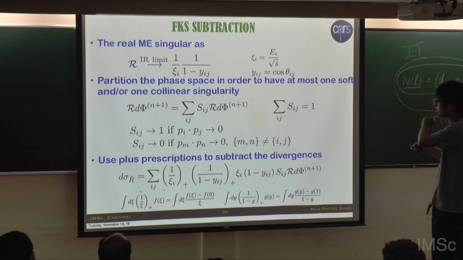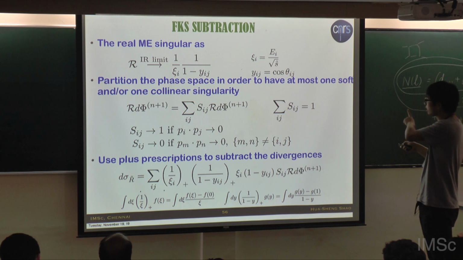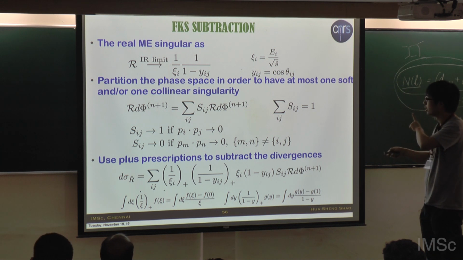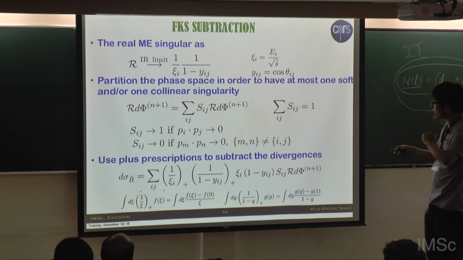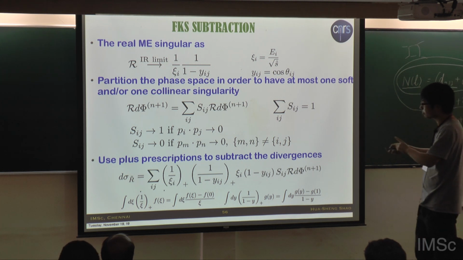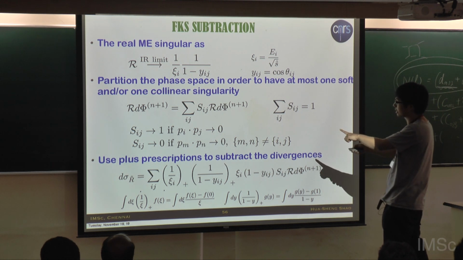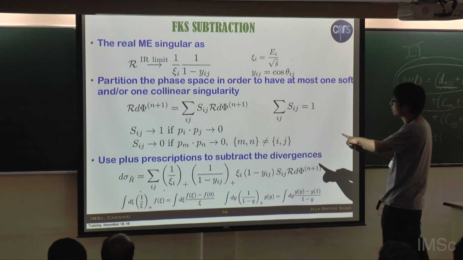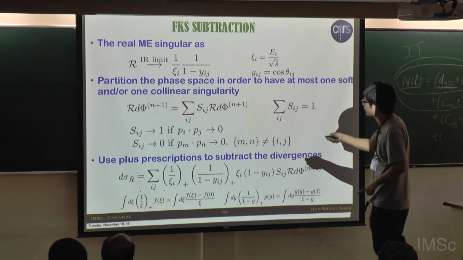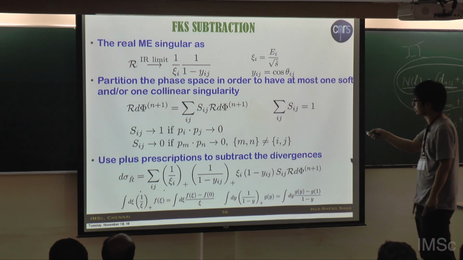Different forms are used. But what they need to satisfy is, if p_i and p_j are collinear, you need to make sure that S_ij equals 1, because you want to keep only these phase space partitions, right?